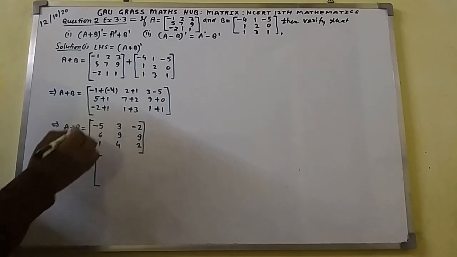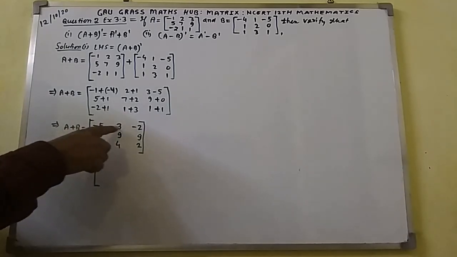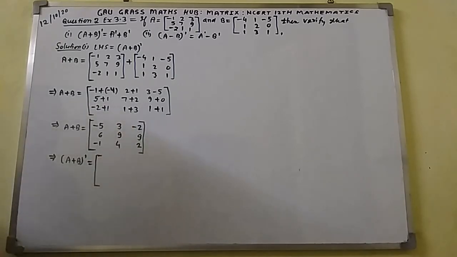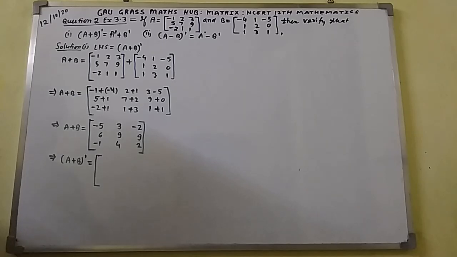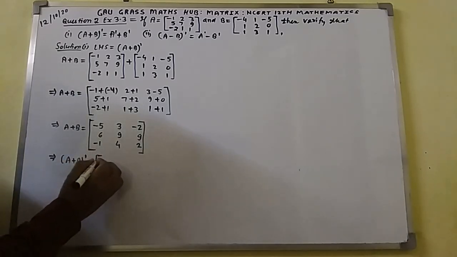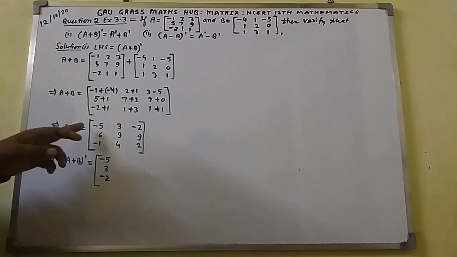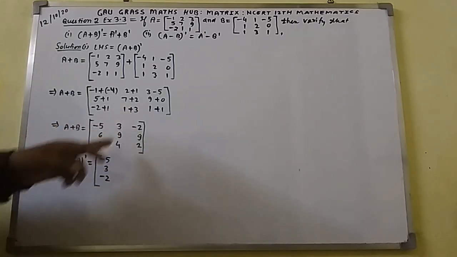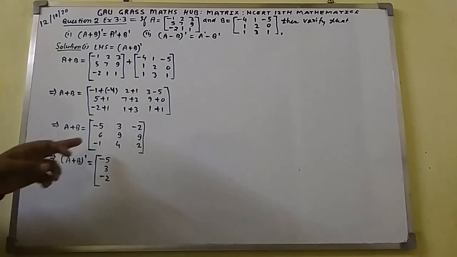The elements of the first row, minus 5, 3, minus 2, will become the first column. The first column I shall write here: minus 5, 3, minus 2.